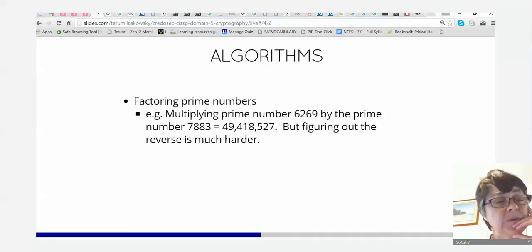Cyclic numbers? You mean how they're used to come up with the keys?